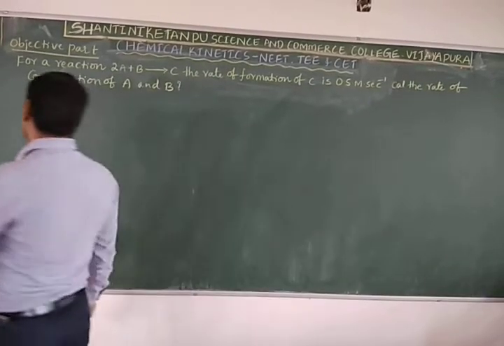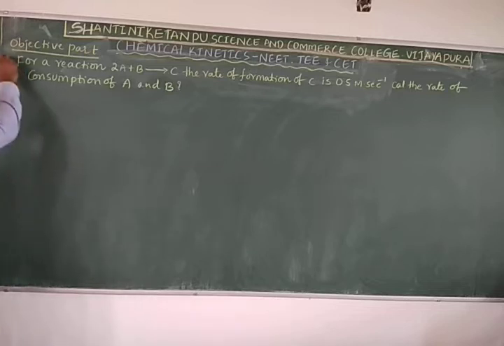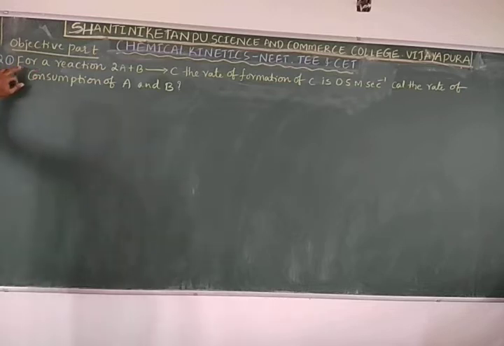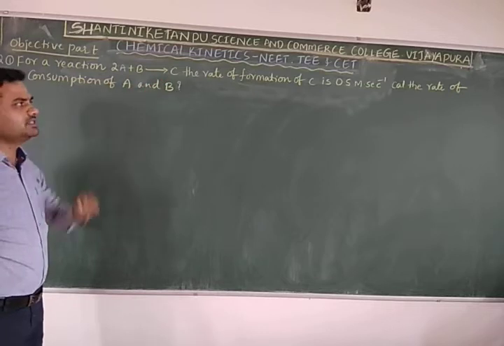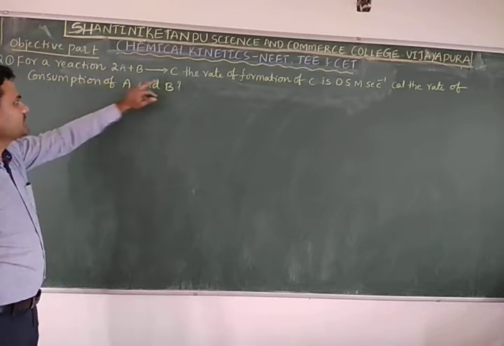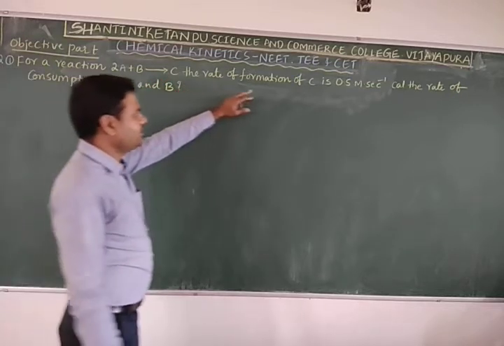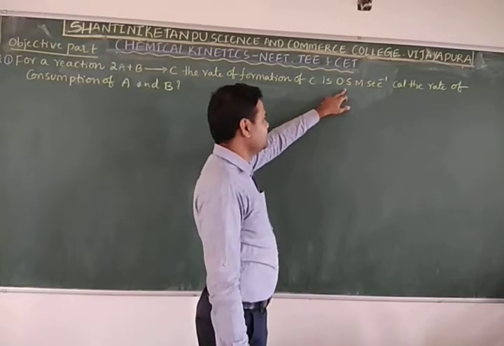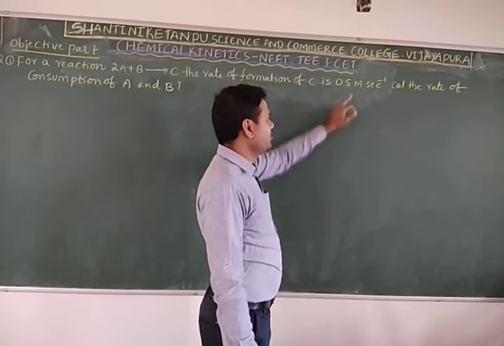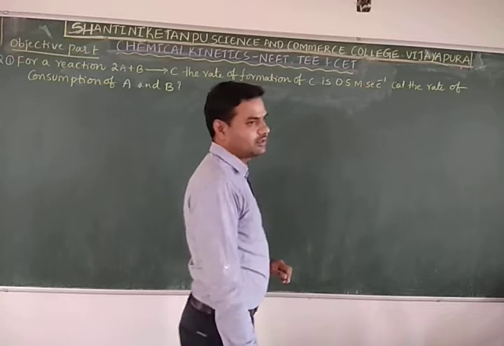And the first question is given to you. First we will see the question carefully. In this question it is given that for a reaction 2A plus B gives C, the rate of formation of C is 0.5 moles per liter per second.